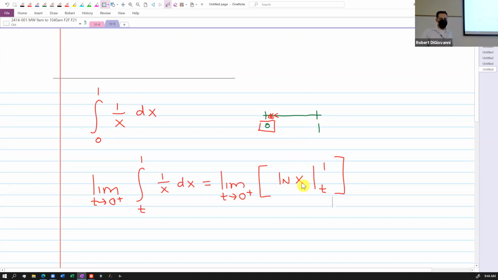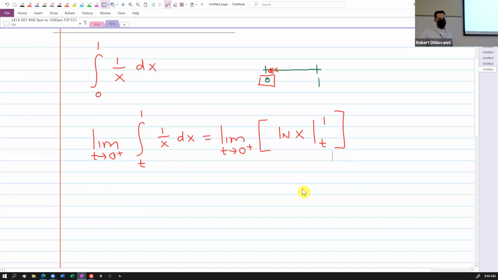So I don't need to worry about it. Let's go one more step. Okay, we plug in. If we plug in 1, we get natural log of 1, minus, if we plug in t, we get natural log of t.